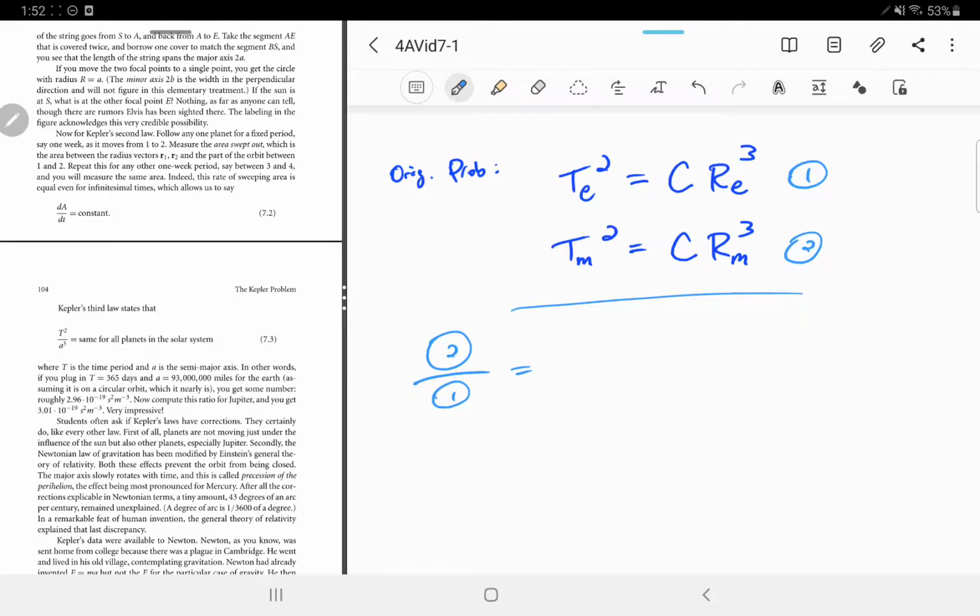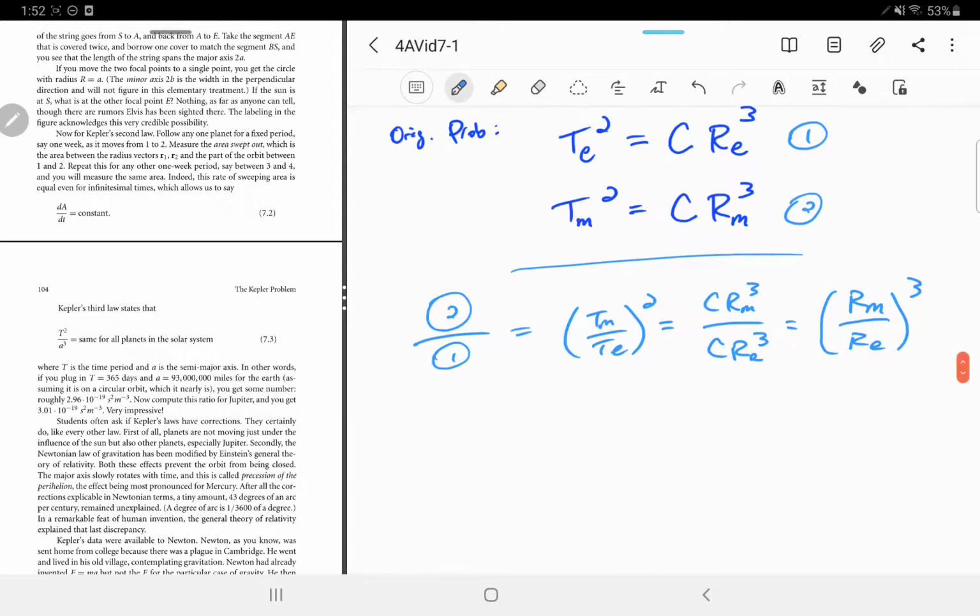This gives me that Tm over Te squared is equal to C times Rm cubed over C times Re cubed. See how the C's cancel out. This is what I mean by the mass of the sun not mattering when taking the ratio. So the C's cancel out, and this is the ratio of these distances cubed.